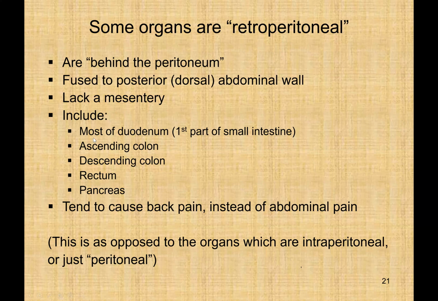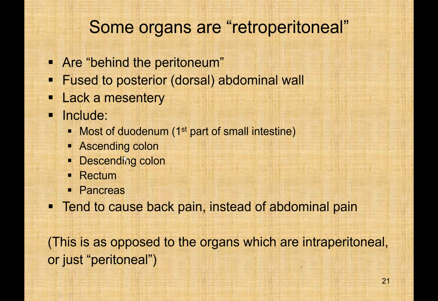That is why we don't have mesocolons for ascending and descending. The rectum too is nearer to the retroperitoneal cavity, and the pancreas too. So normally, if you have any pain coming from this section, it tends to cause back pain instead of abdominal pain because these organs are found in the retroperitoneal cavity.